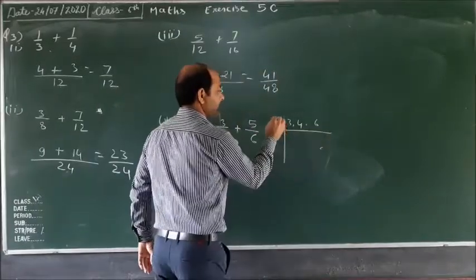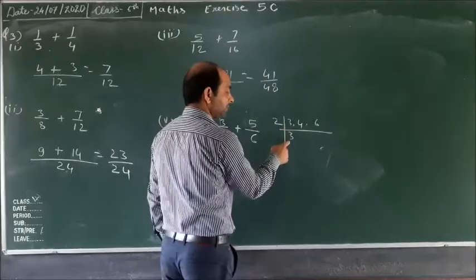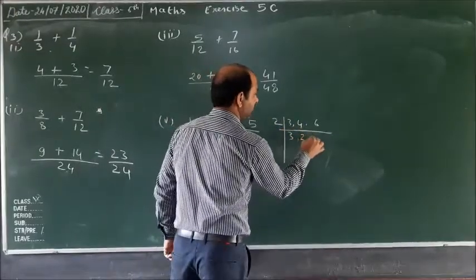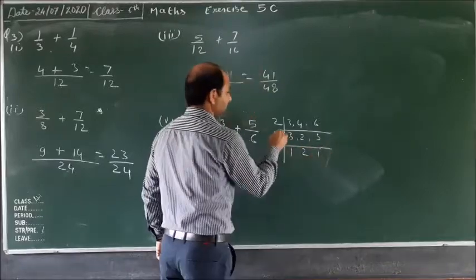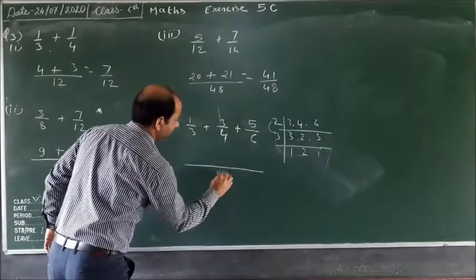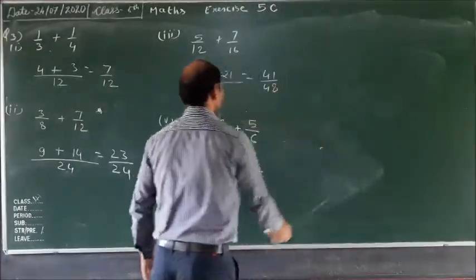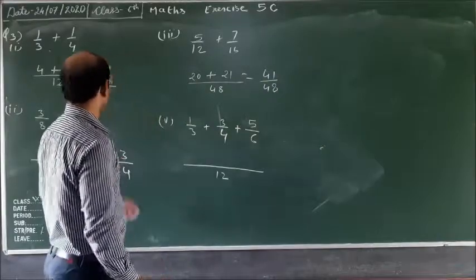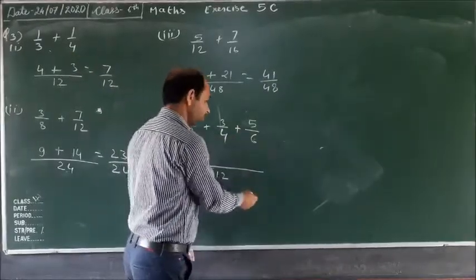Dear children, 3 is not divisible by 2, so we write here 3, then 2 times 2 is 4, 2 times 3 is 6. Now 3 times 2 is 6, 6 times 2 is 12. Your LCM is 12. You can also write here, dear children, the LCM of 3, 4 and 6 is 12.